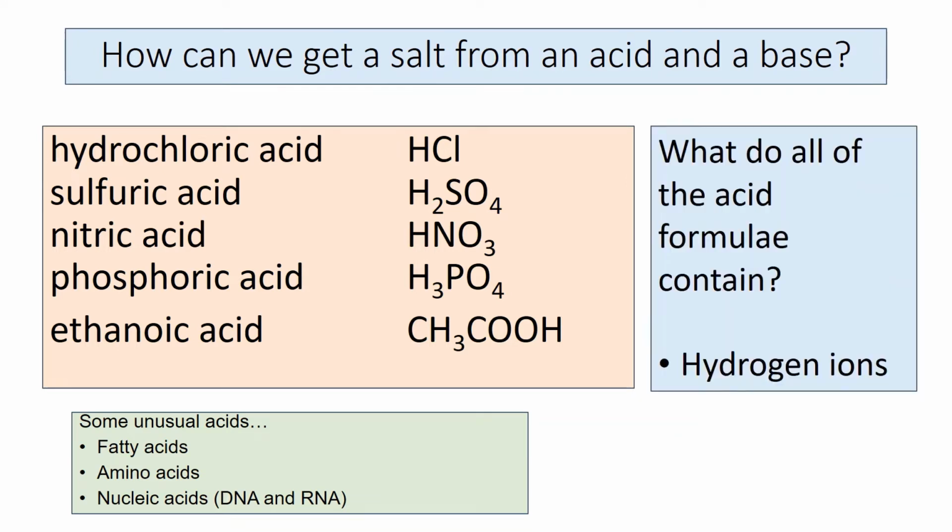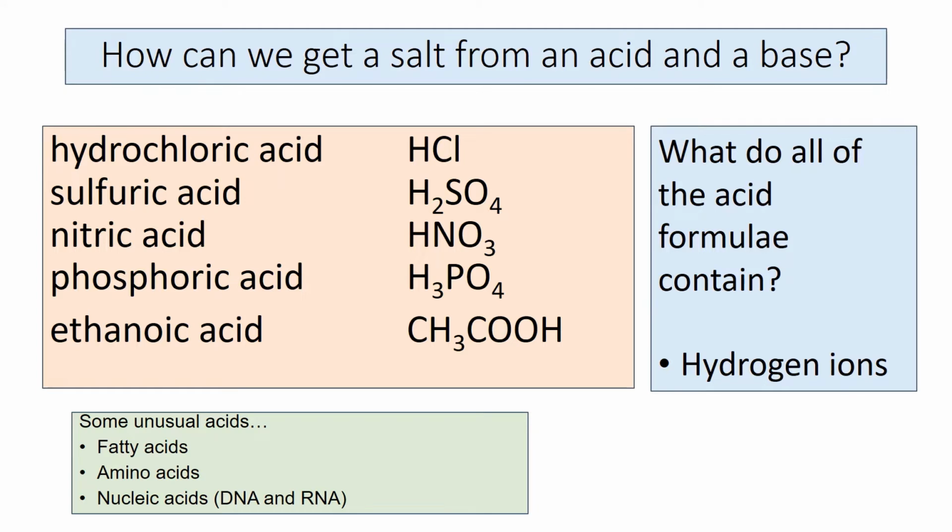Hopefully you've noticed that all of the acid formulae have in common that they all contain hydrogen. In the case of hydrochloric acid, HCl, sulfuric acid, H2SO4, nitric acid, HNO3, phosphoric acid, H3PO4, and ethanoic acid, it's actually the last hydrogen here which ionizes.